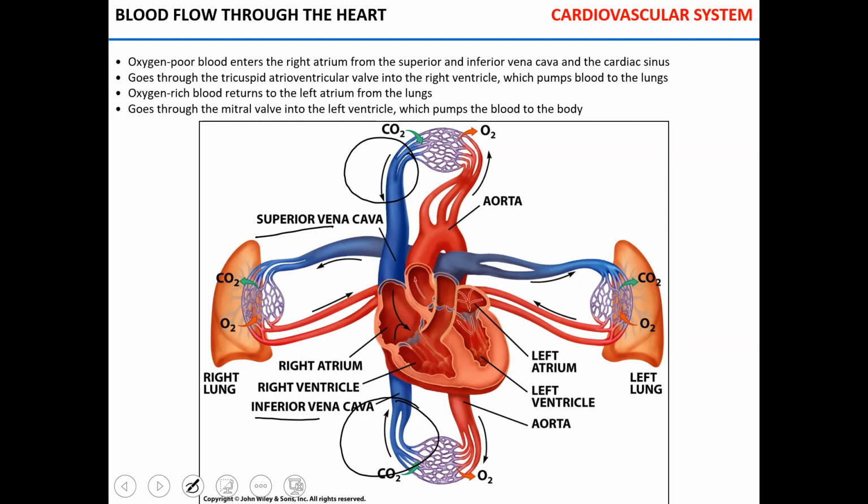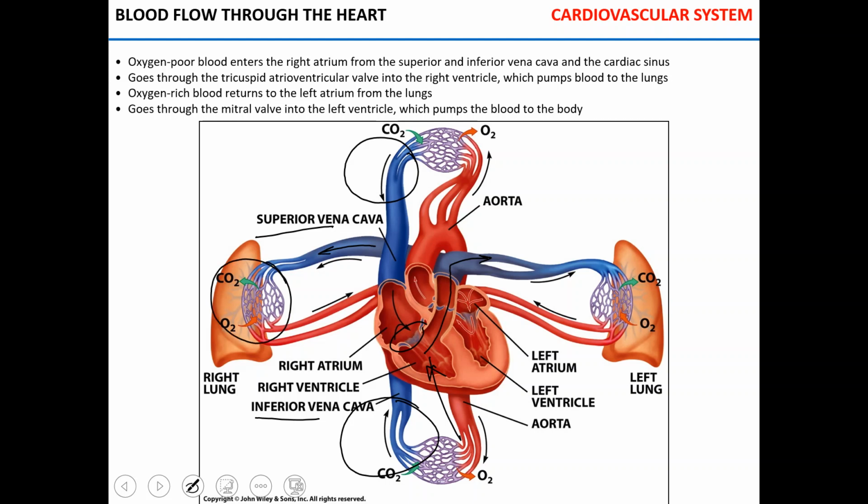Right atrium pushes the blood through the tricuspid atrioventricular valve into the right ventricle, and right ventricle pushes the deoxygenated blood through the pulmonary trunk into the pulmonary arteries towards the pulmonary circuit.